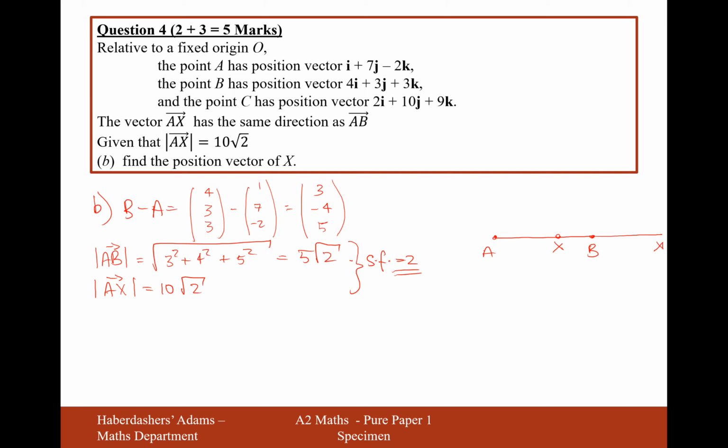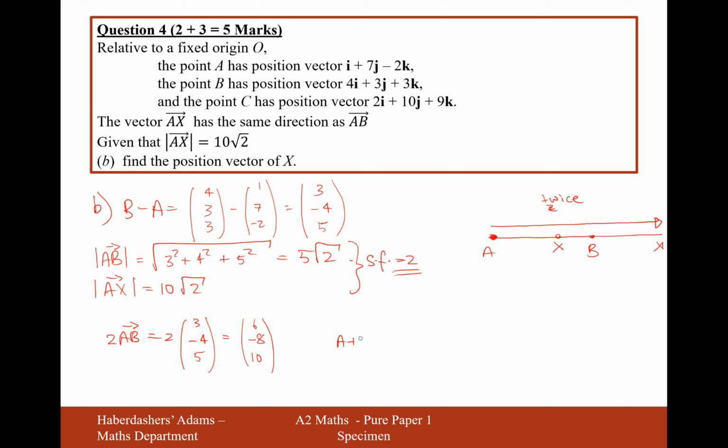So if the scale factor is 2, then when we start at A, the position coordinate for X is going to be twice the distance as it would have been from A to B. So what we're going to do then is we're going to double the vector from A to B. So that's going to be 2 lots of 3, minus 4, 5. 3, minus 4, 5 was how we got from A to B, so that's going to be 6, minus 8, 10. And then we're going to add it back on to the end of A.